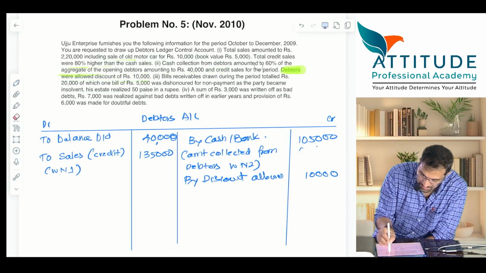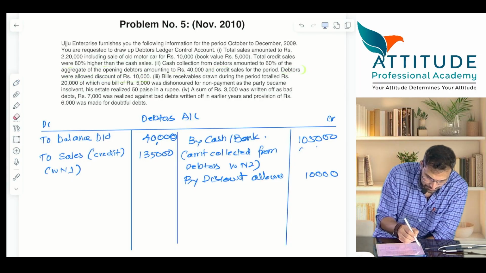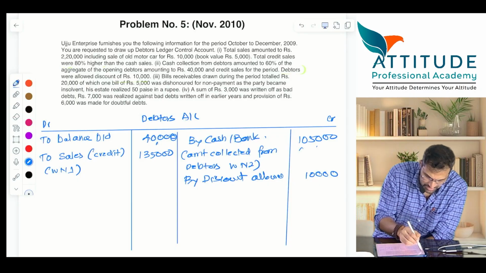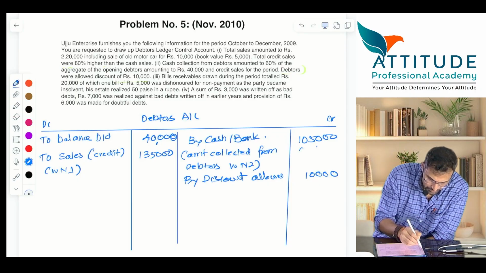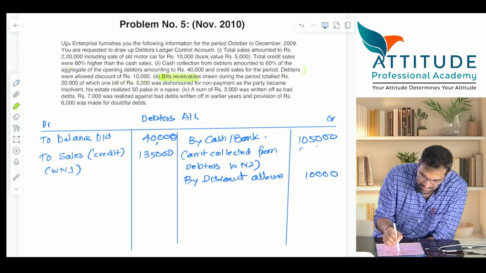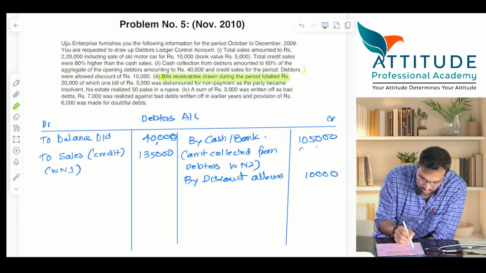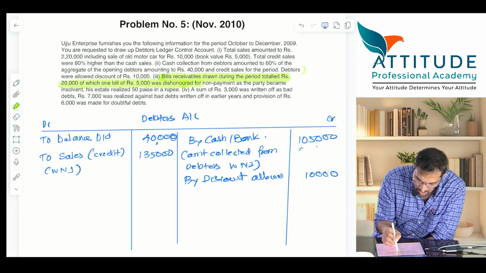Okay, next sentence again I'll highlight. Please tell me. Bills receivable drawn during the period total to 20,000, of which one bill of 5,000 was dishonored for non-payment as the party became insolvent. His estate realized 50 paisa in a rupee.